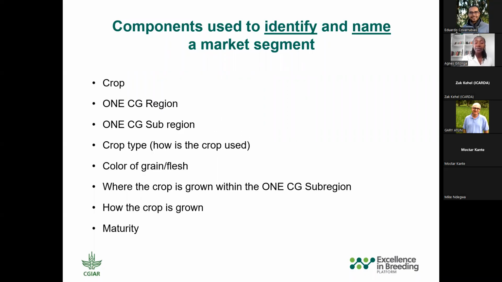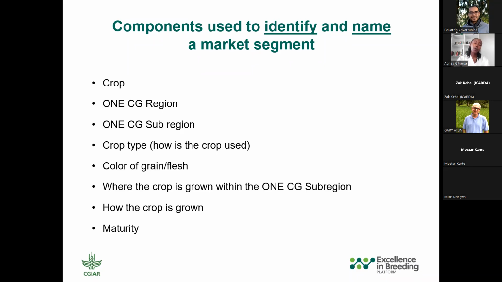For every market segment that has been identified, we have the crop, the 1CG region within which the crop is being grown, the 1CG sub-region, the crop type, which entails how the crop is grown, the color of the flesh or the grain, where the crop is grown within the 1CG sub-regions, how the crop is grown, and also the maturity.